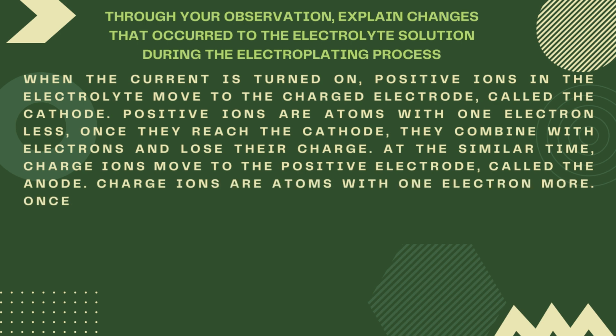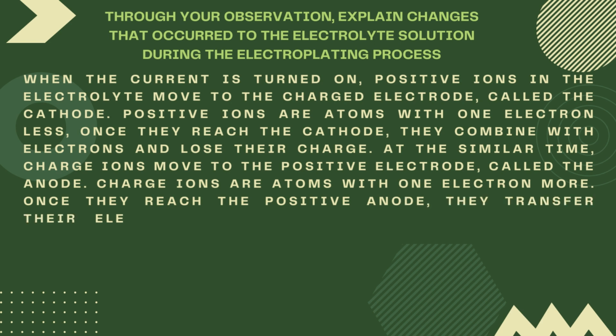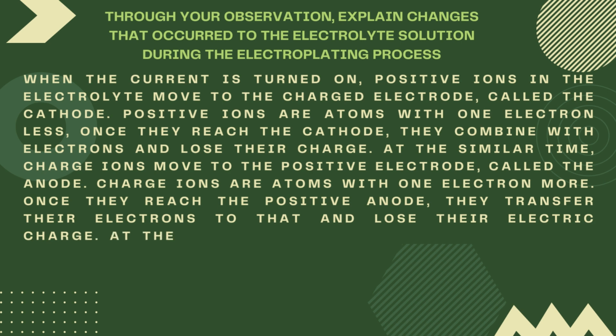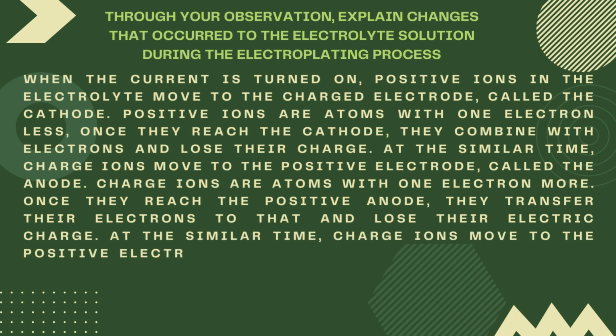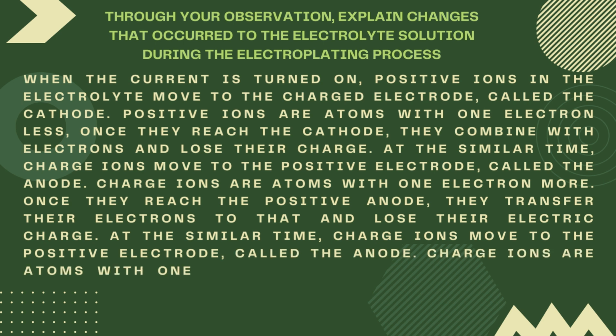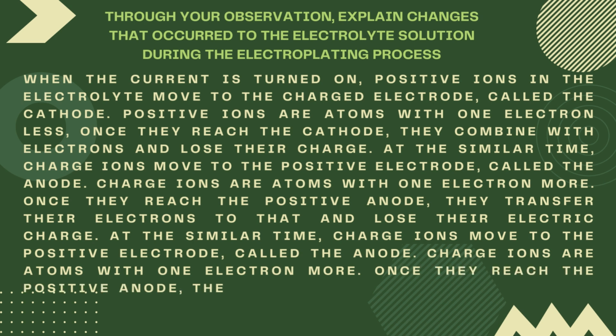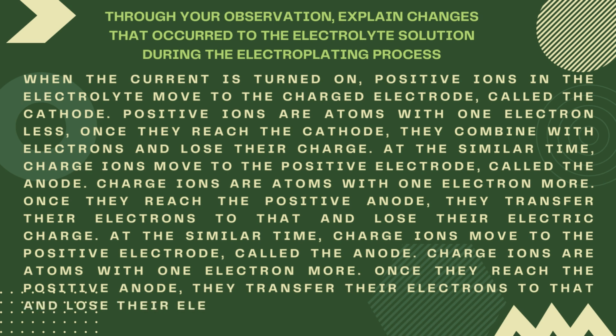Once they reach the cathode, they combine with electrons and lose their charge. At a similar time, negatively charged ions move to the positive electrode, called the anode. Negative ions are atoms with one electron more. Once they reach the positive anode, they transfer their electron to it and lose their electric charge.